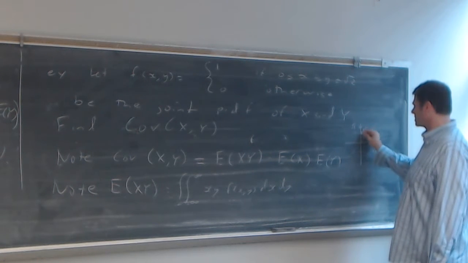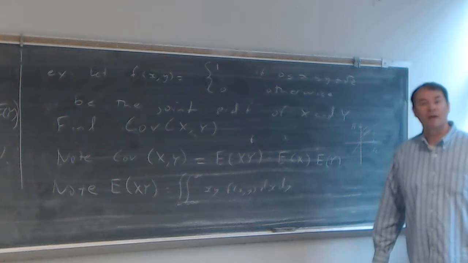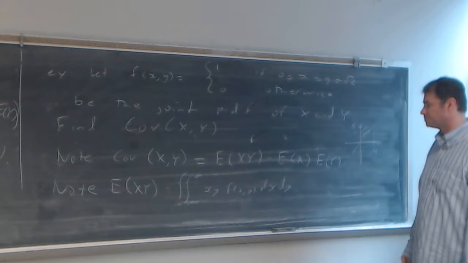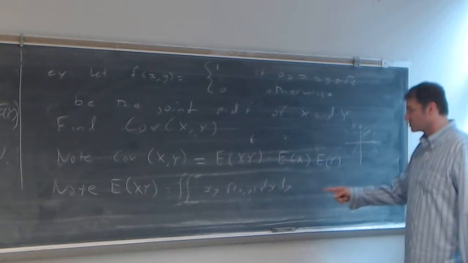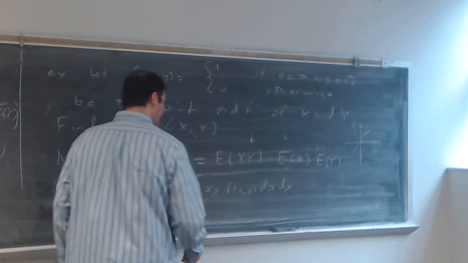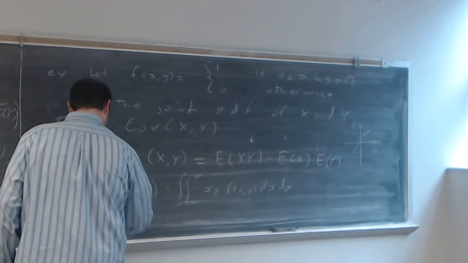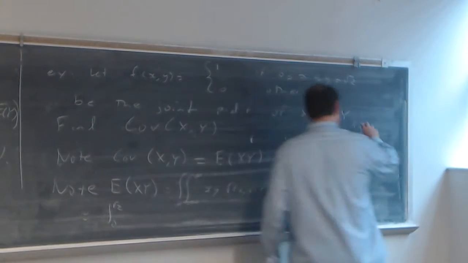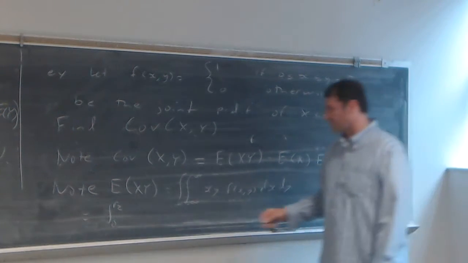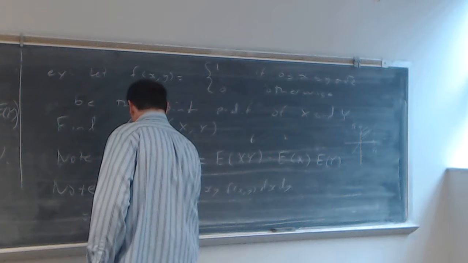Again, we're given a similar situation as the example we had before. If I want to describe this, we're doing dy last, so y runs from 0 to square root of 2. And for any fixed y value, the x values run from 0 to y.